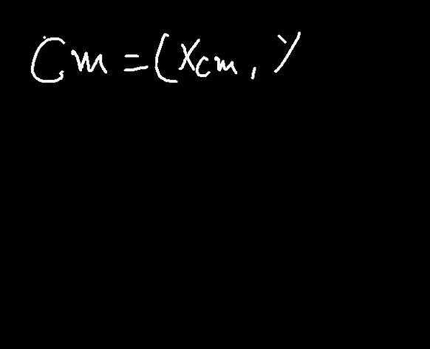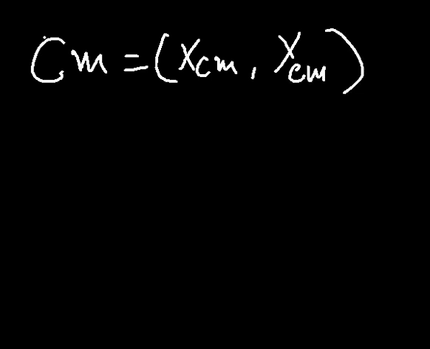So now, how can you calculate the center of mass if we have the system in 2 dimensions? If we have the system in 2 dimensions, the center of mass will be given as x subscript cm, comma, y subscript cm.